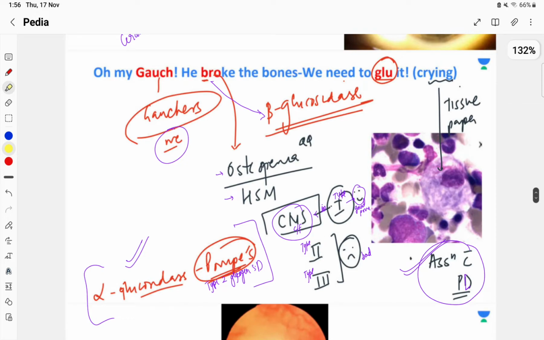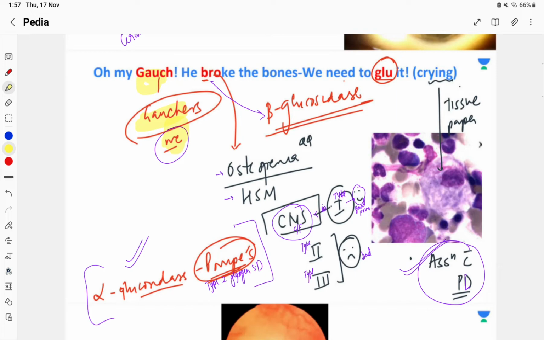The next disease is: oh my gosh, he broke the bone and we need to glue it. So it's Gaucher's disease, and this is actually the most common lysosomal storage disorder. And he broke the bone, we need to glue it, and he's crying.